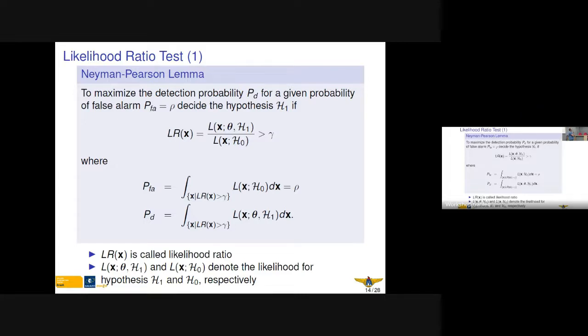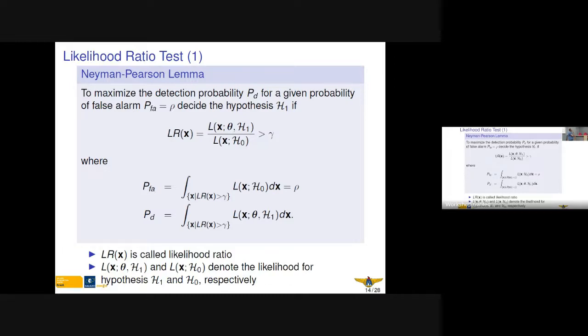Neyman-Pearson lemma to maximize the detection probability P_D for a given probability of false alarm P_F, and that's equivalent to: decide the hypothesis H1 if we take here what's called the likelihood ratio.